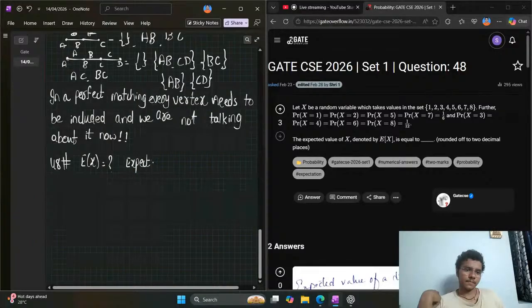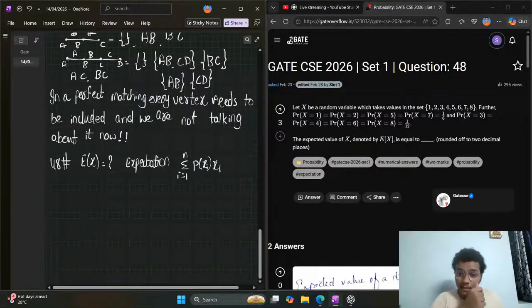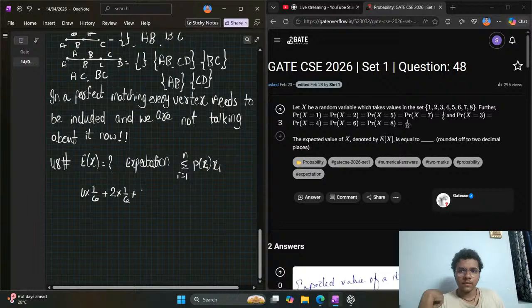Expectation is sigma i equals 1 to n of p of xi into xi. 1 into 1 by 6 plus 2 into 1 by 6 plus 5 into 1 by 6 plus 7 into 1 by 6 plus 3 into 1 by 12 plus 4 into 1 by 12 plus 6 into 1 by 12 plus 8 into 1 by 12.